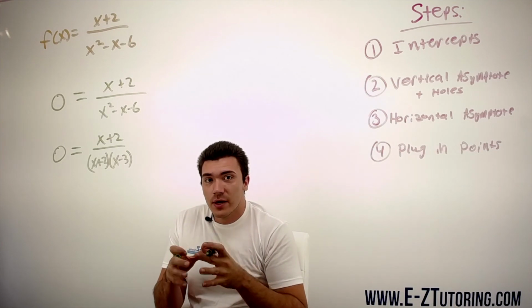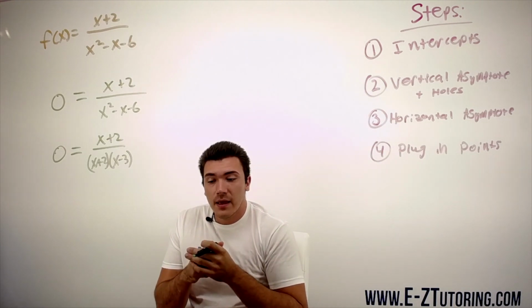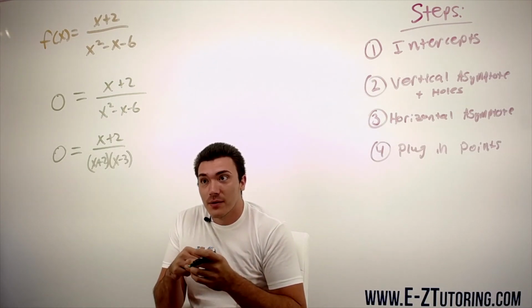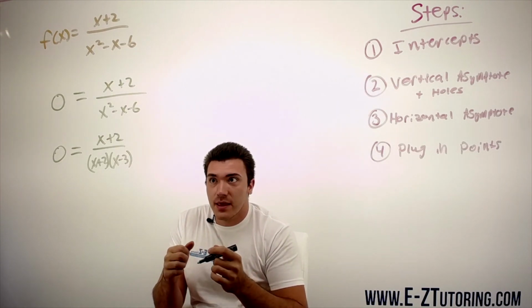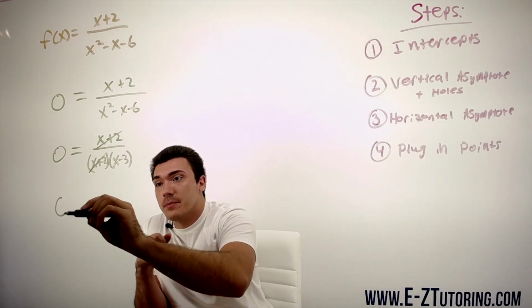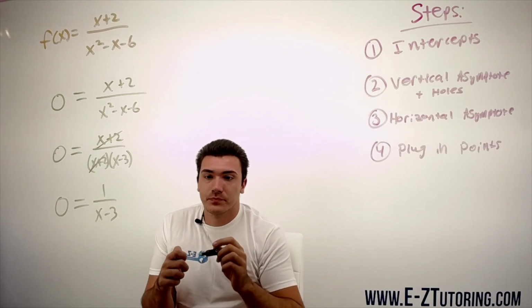The reason you want to simplify is because you may end up getting an x-intercept that is not allowed because of what's in your denominator. That's actually what's happening in this case, because x plus 2 we can cross out, and we have to cross them out. So now we get 1 over x minus 3.